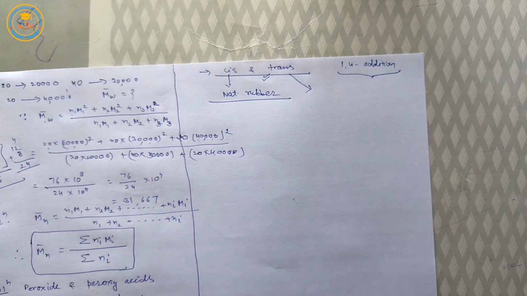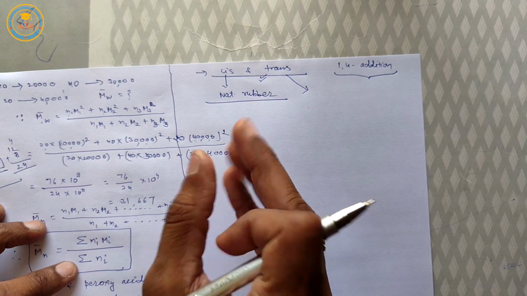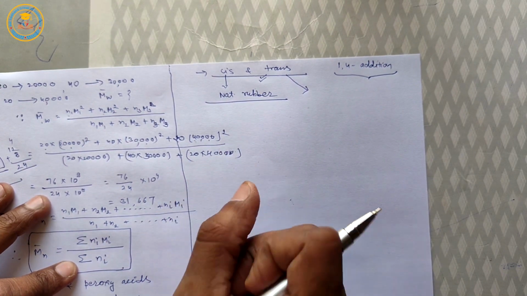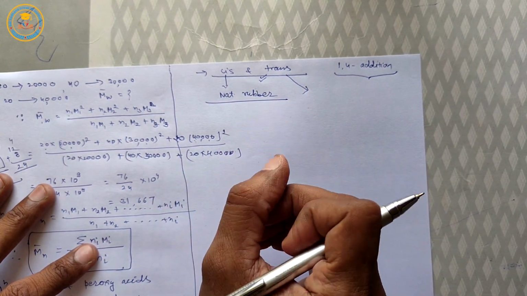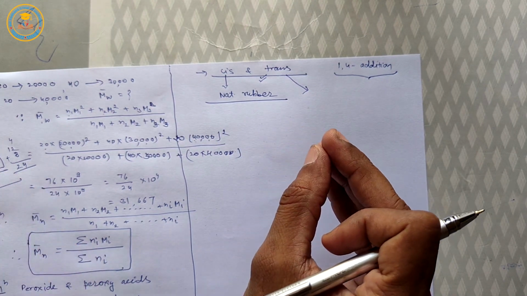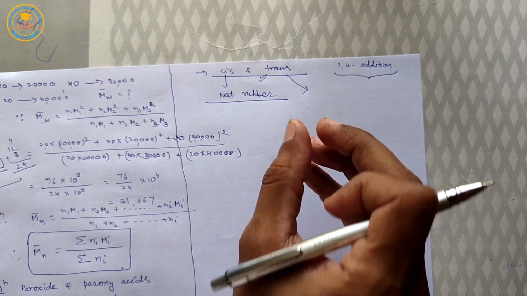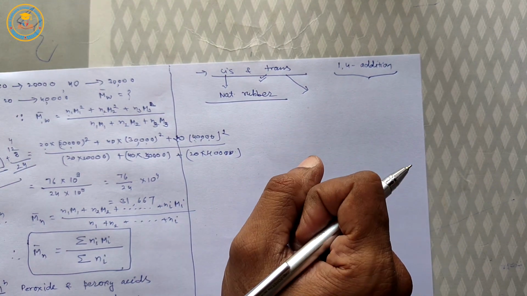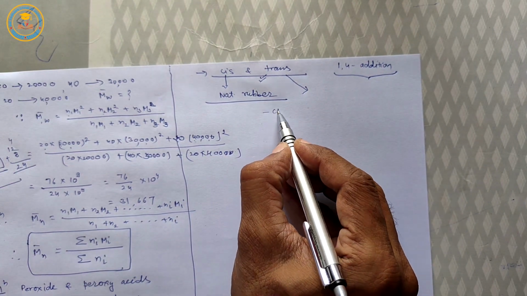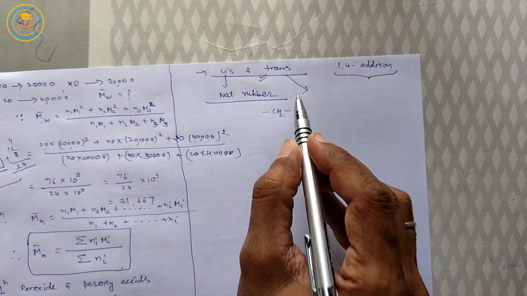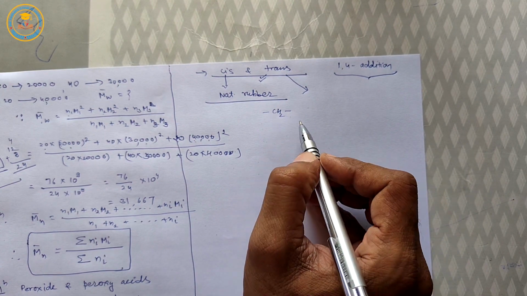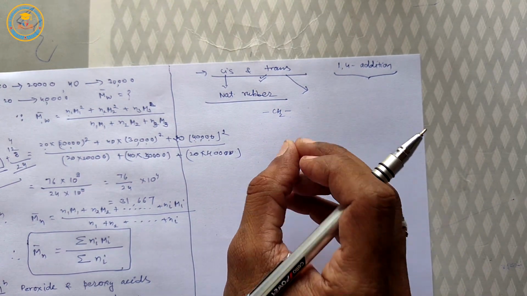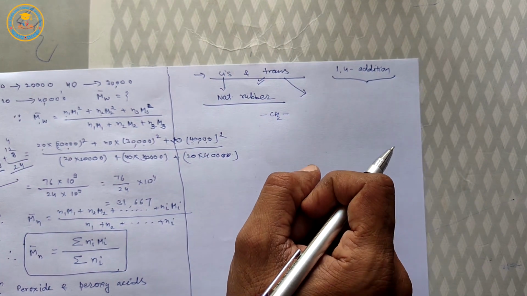In simple words, in natural rubber, monomer units are attached in cis form, and methylene groups or CH2 groups are on the same side of the double bonded carbon atoms.